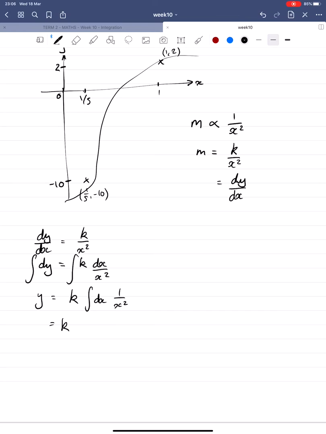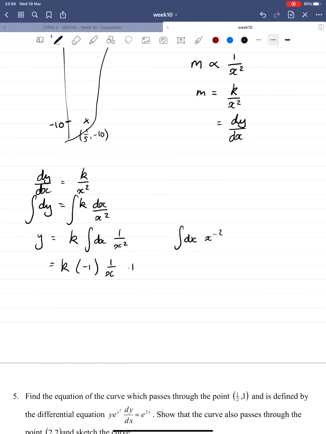So the power is currently minus 2. I've got the integral dx of x to the minus 2 here. So increase it by 1, it goes to minus 1. Divide by minus 1 is just the same as putting a minus sign in there. But then I've just got this 1 over x. Got to remember my constant. So I've got c minus k on x.